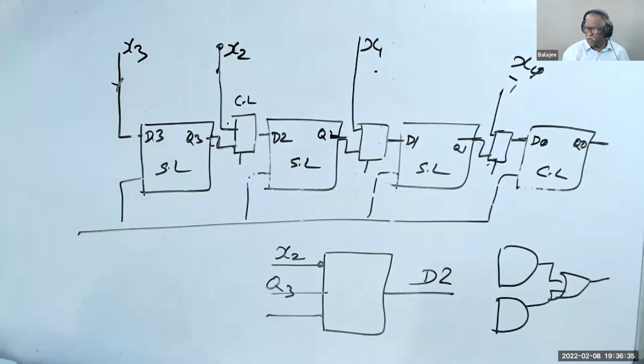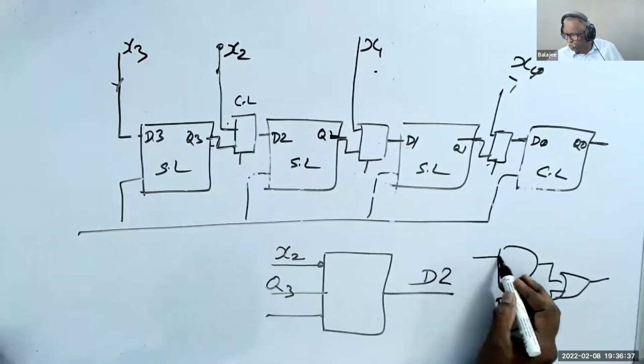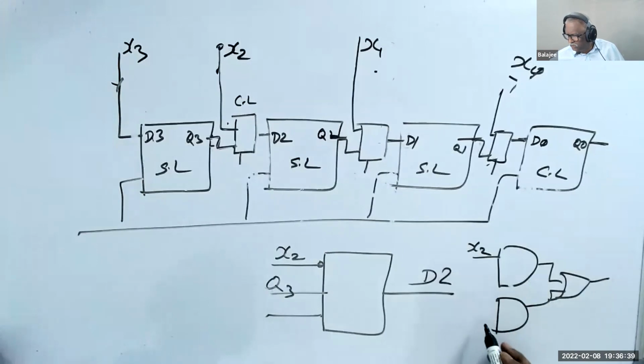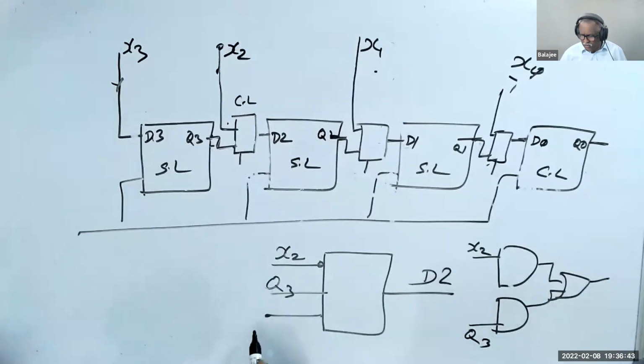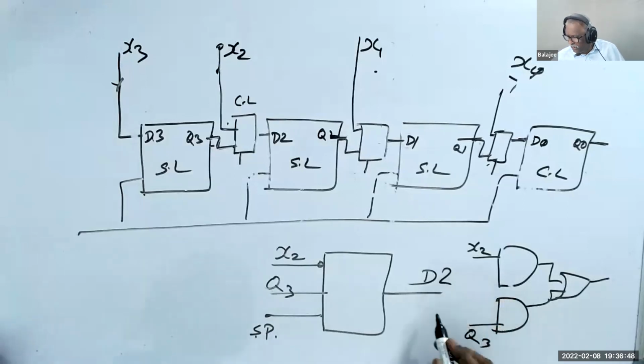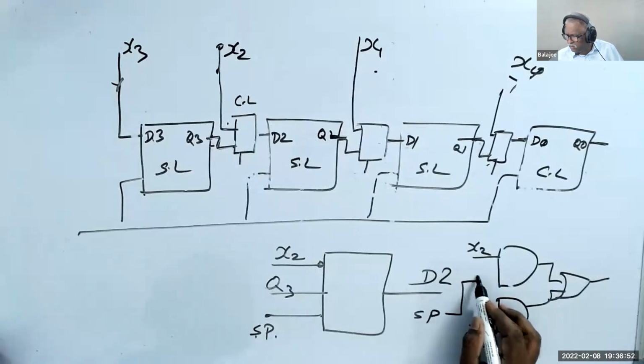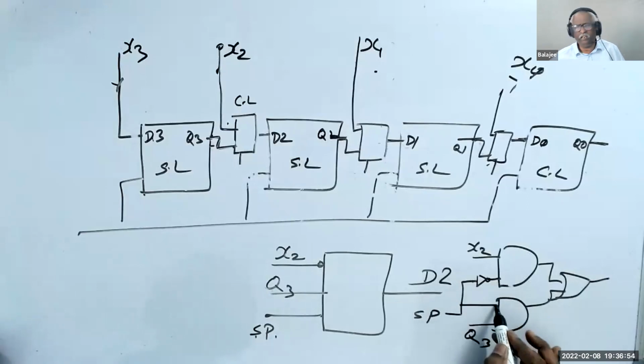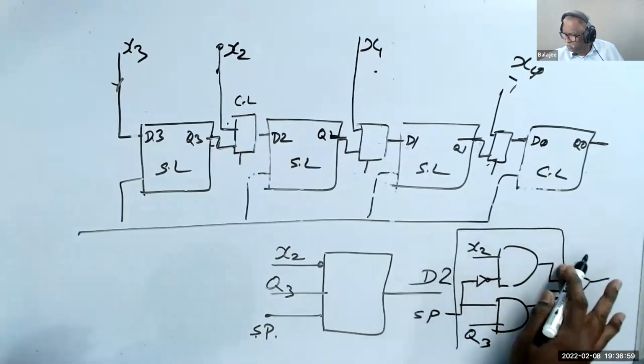Just understand. Now I have here X2. I have here Q3. I have another input called SP, shift or parallel. Now I take the SP. See here how I've drawn this. Very simple.